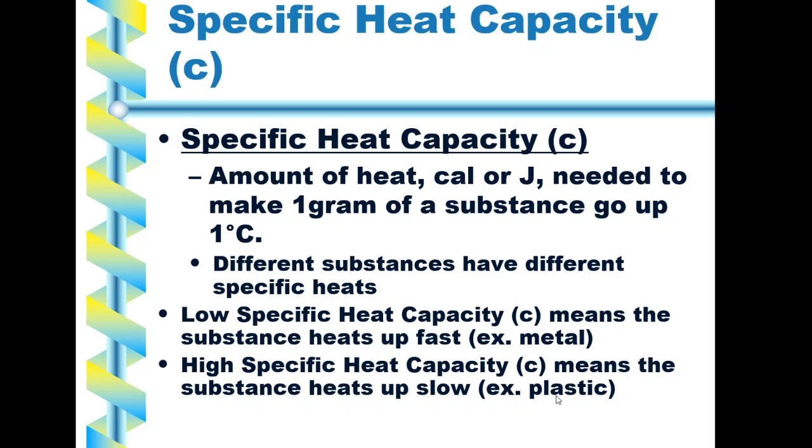If I put a metal and a plastic out in the sun, the metal is going to heat up a whole lot faster because it takes less energy to heat it up, and it takes more energy for the plastic. A low specific heat capacity means you only need a low amount of energy to heat that substance, and a high specific heat says you need a lot of energy. I hope that makes a little more sense.